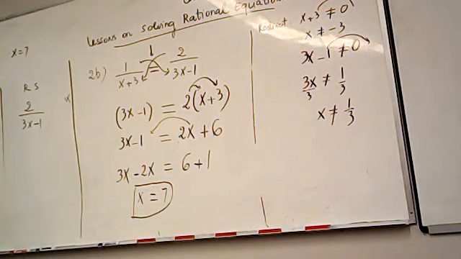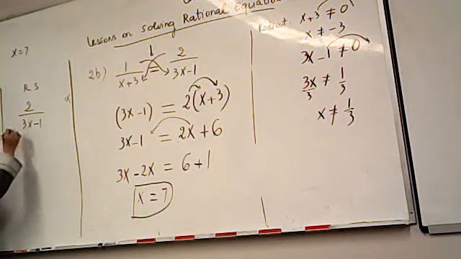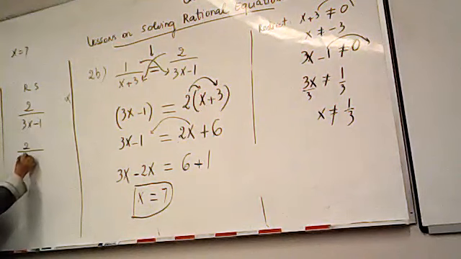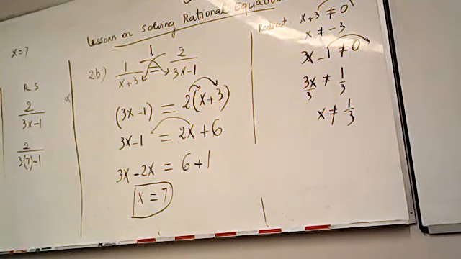Let's check. 1 over x, replace x by 7, plus 3. 2 over 3 times x, which is 7, minus 1. Is that right, student? Yeah. Are you with me? Now, this becomes 1 over 10.